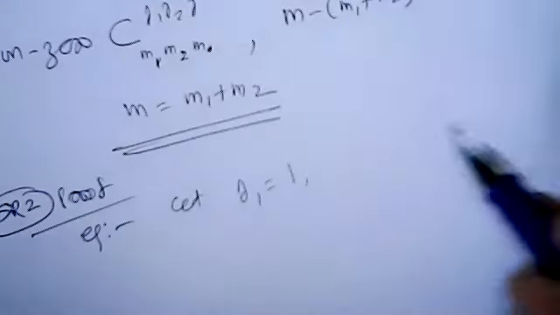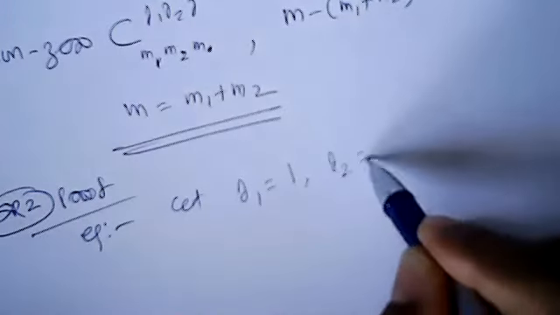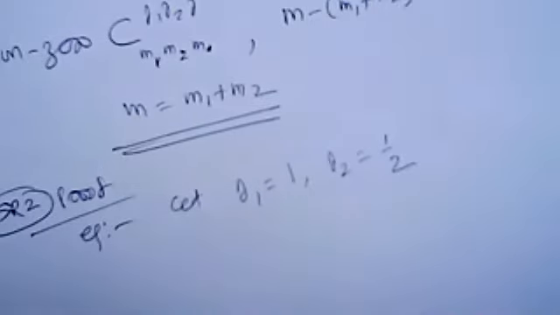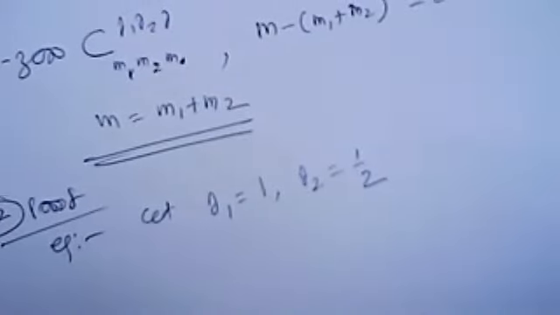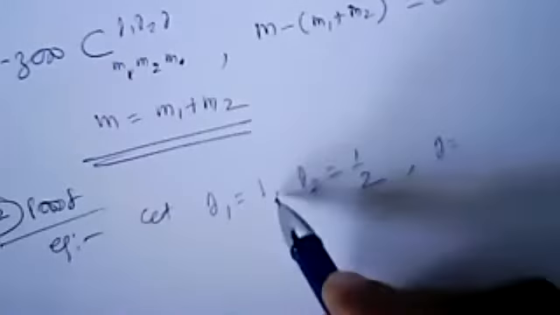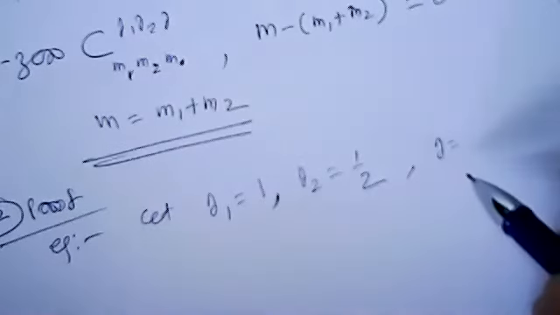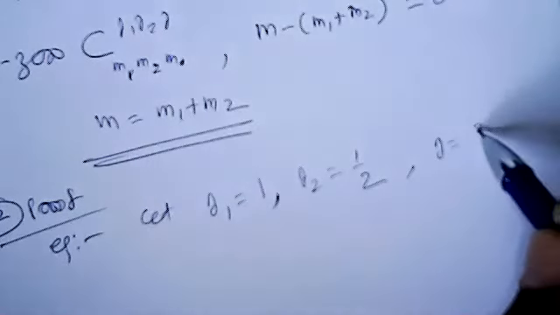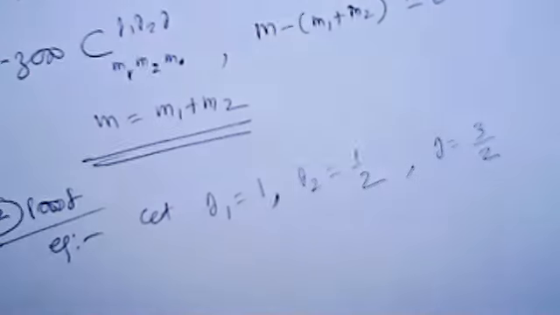One is J1 equal to 1 and another is J2 equal to half. Okay. So then what is the J value? J is 3 by 2.